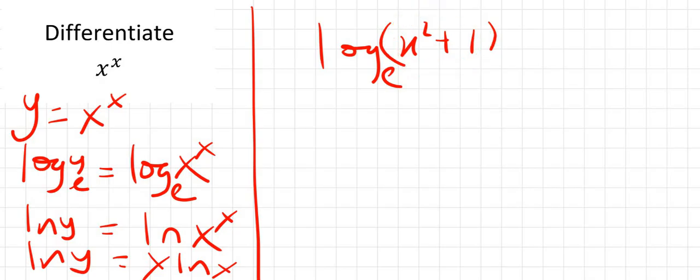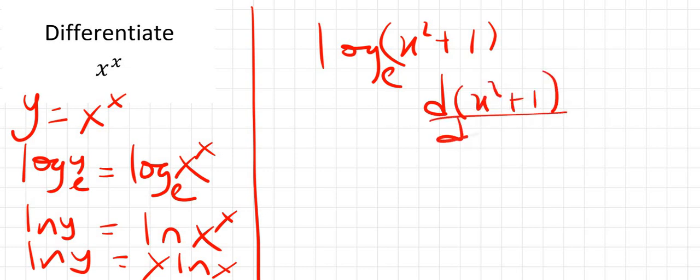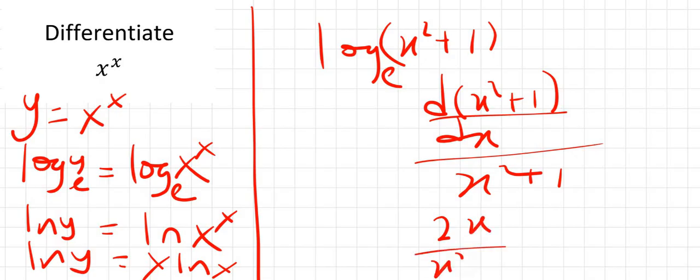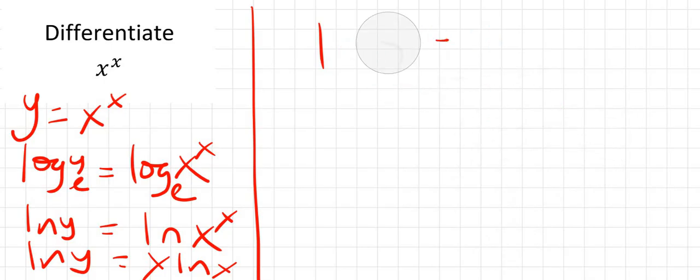That's how to differentiate that. It's simple. I'll say derivative of x squared plus 1 with respect to x divided by x squared plus 1. Instead of applying chain rule, this is fast. So this is 2x over x squared plus 1. That's the shortcut to this. It is allowed in Cambridge examination.